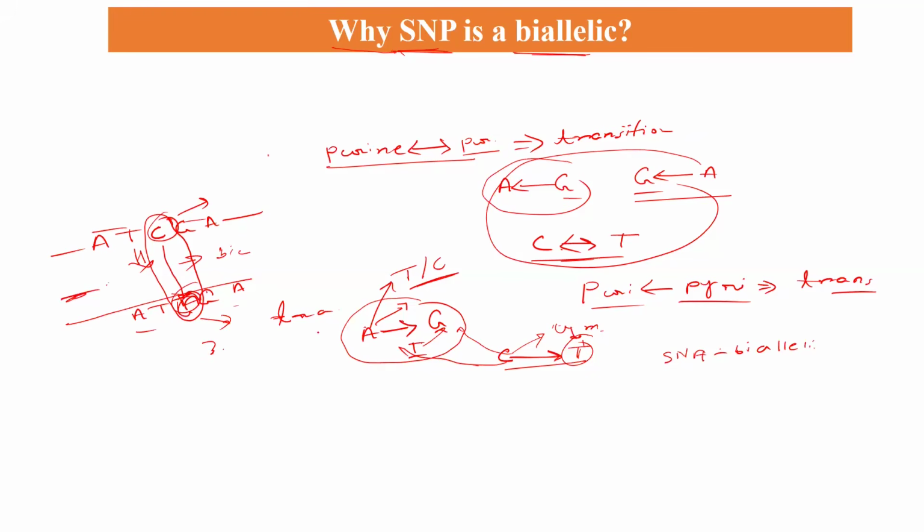If the multi-allelic concept is there, you can find four alleles present at an SNP, but it is not possible. So generally it is biallelic in nature.